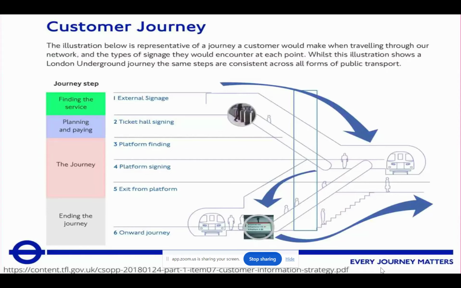You get to the platform, you see signs there. When you're exiting, it tells you the way out, or maybe you want to connect to another train, there's another one, onward journey. So this is just a user journey map of a specific service that TfL provides.